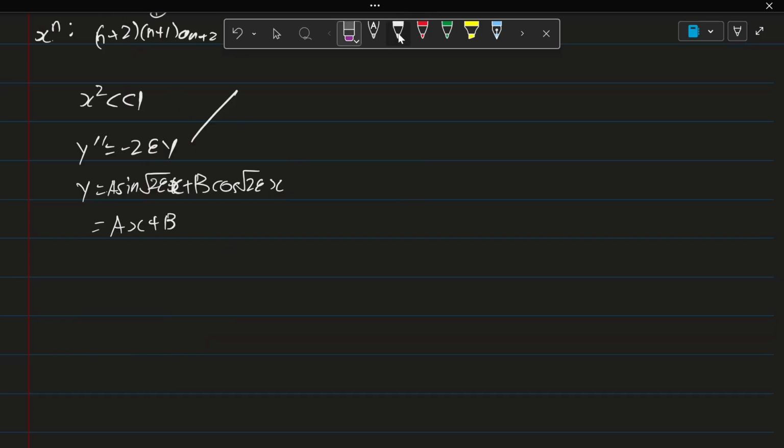Now if we consider when x squared goes to infinity, this becomes y double prime equals x squared y. This looks like the harmonic equation, but it's not, because the x squared here is a function of x, not a constant. So there should be a solution for this, and there's a way for you to solve such things.